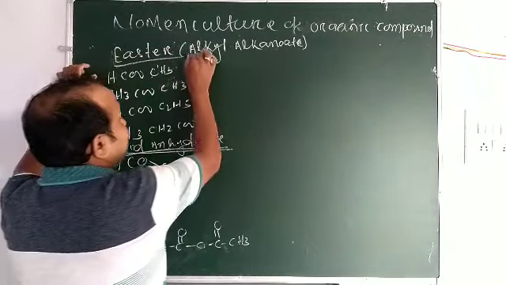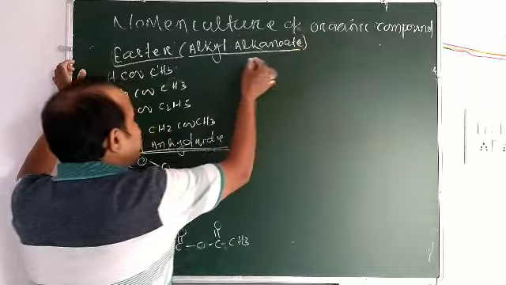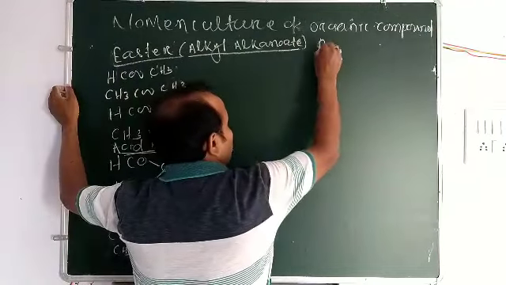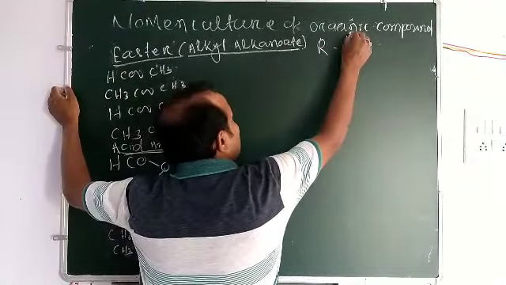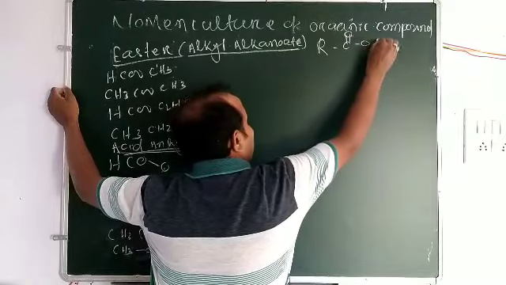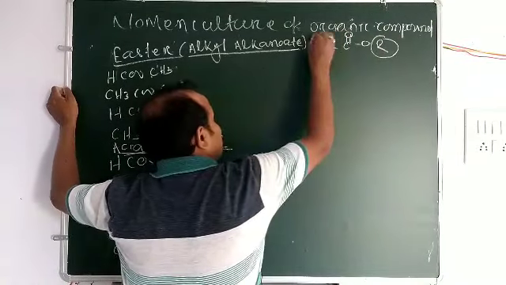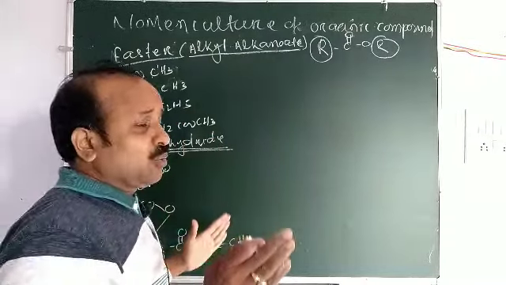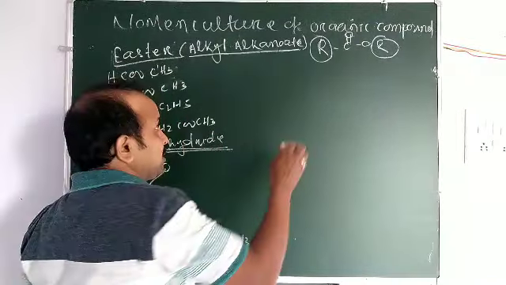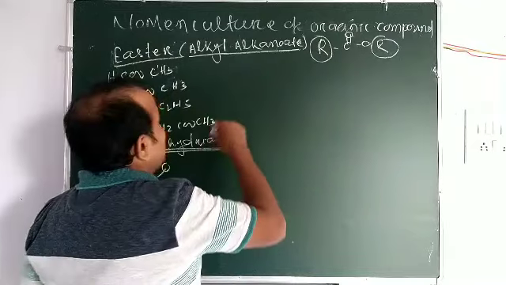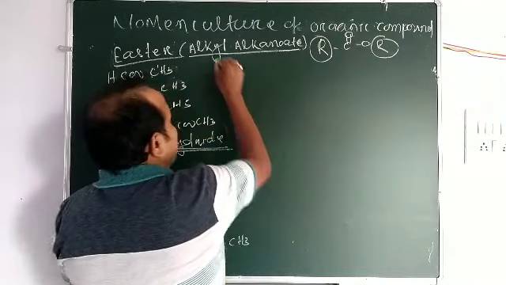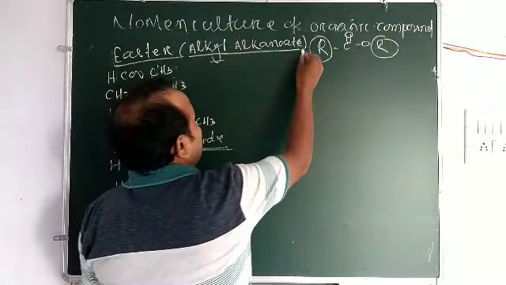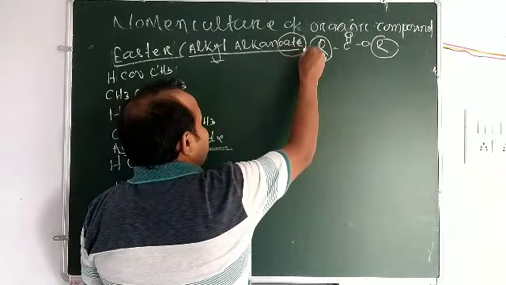Ester's alternative name is alkyl alkanoate, because you know the functional group is R C double bond O R, meaning two alkyl groups. Here is one alkyl group, another is the second alkyl group, two separate word roots. Then the question arises, which word root gets the oate suffix and which word root gets the yl suffix.